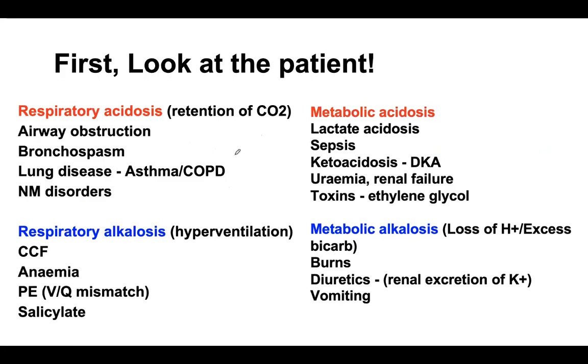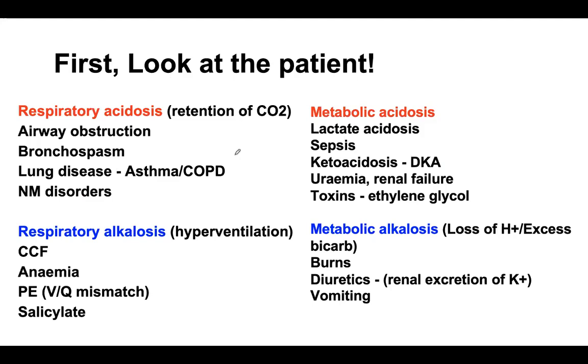Whenever I did my OSCEs, they usually gave us a little excerpt of a patient, a clinical scenario. ABGs are useful to look at, but it's in the context, similarly to ECG, of the entire patient.